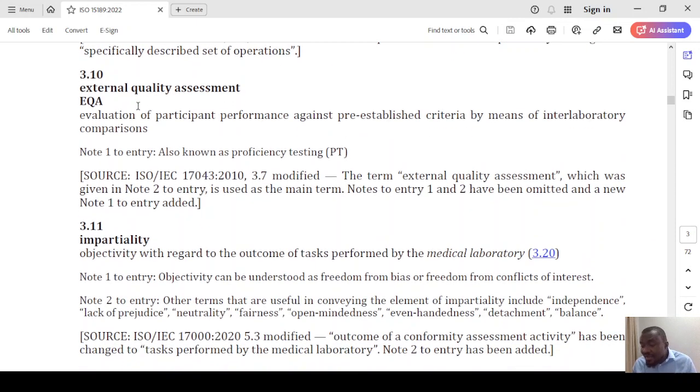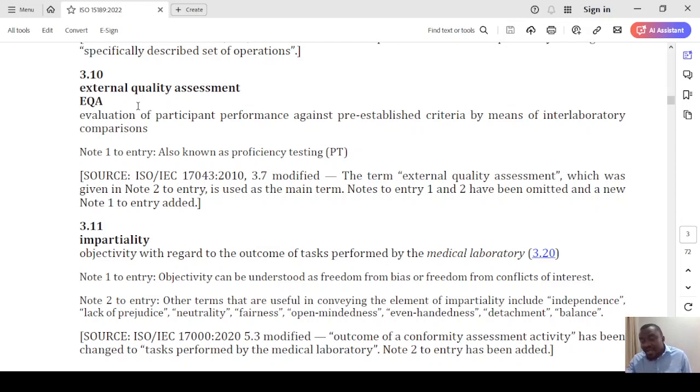Talk about EQA. EQA is the evaluation of participants' performance based on a criteria that was established, and here you're using interlab comparisons. By interlab comparisons, we mean there is a reference lab that prepared the sample and gave it to you, and that reference lab knows the value.